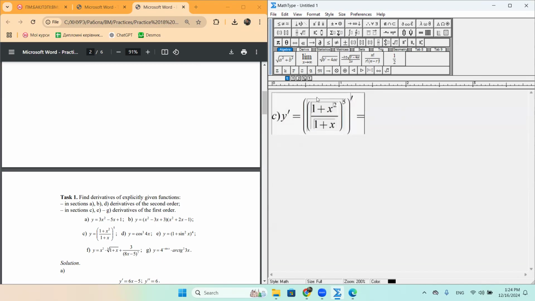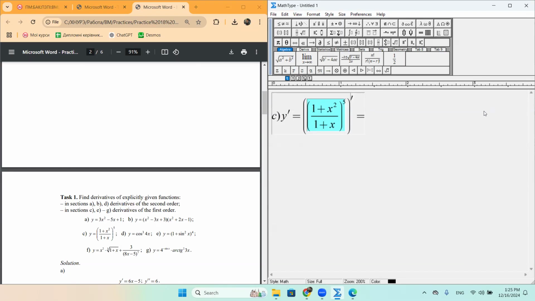This is a composition of functions: a composition of a power function and a rational fraction. So we need to differentiate it like a composition of functions. First of all, we find the derivative of the outer function.